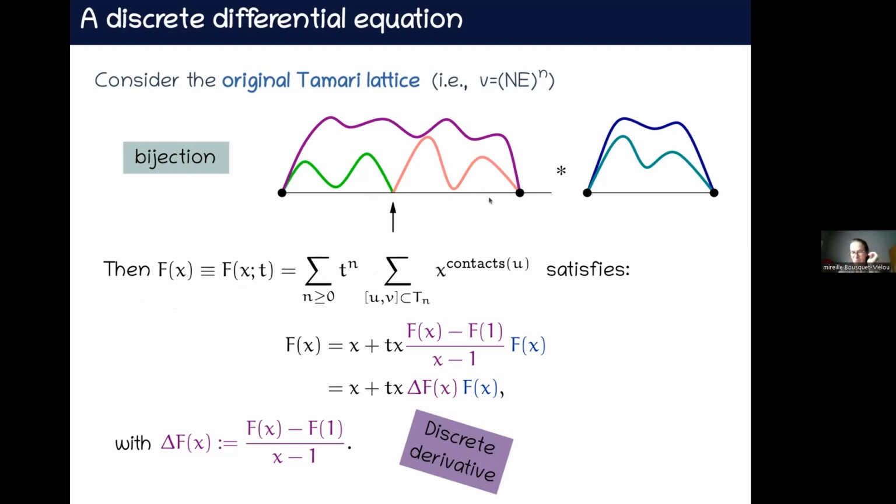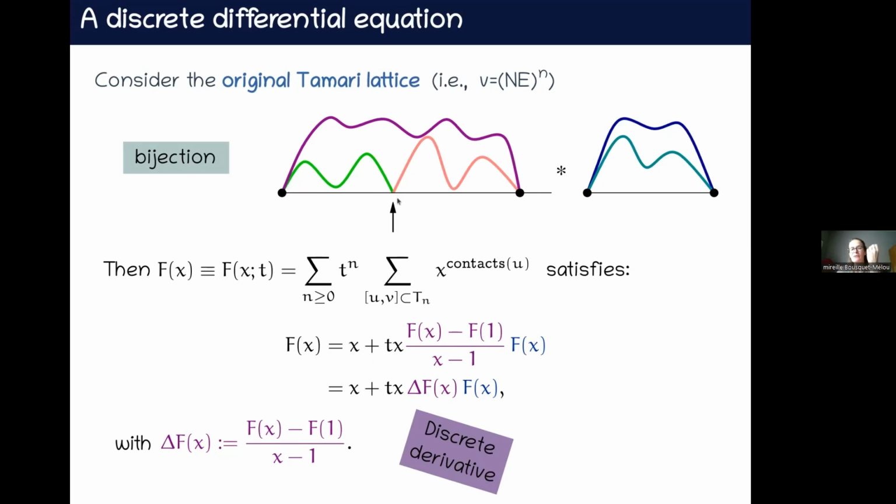And then, well, believe me, but this is not hard, this bijection translates into this functional equation, which tells you that F is this x corresponding to the empty interval, plus this term. So here this F of x stands for this interval.